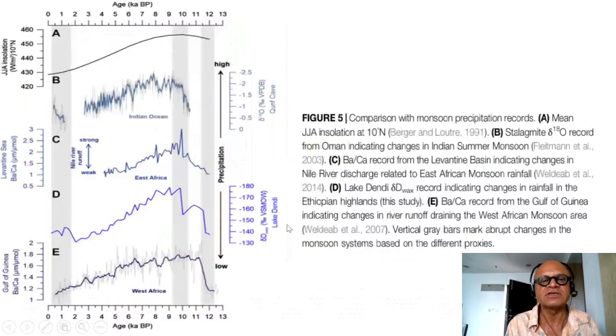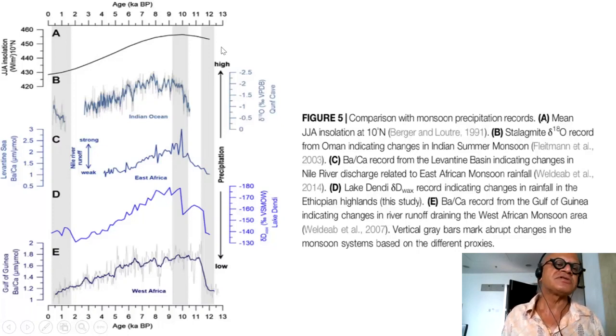Okay, so let's just look at some data over the Holocene period. So here is the precession again, the June, July, August insolation in watts per meter squared at 10 north. Obviously we came out of the glaciation with high summer forcing, which dropped off, and you can see the variation of the Indian Ocean region here seen in concave.